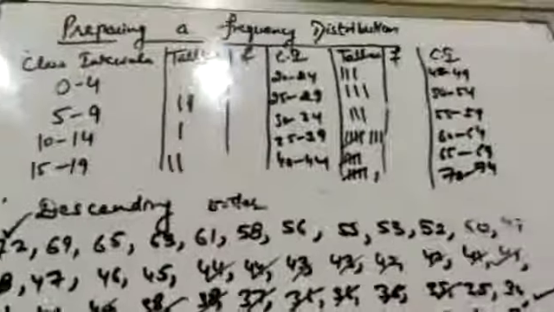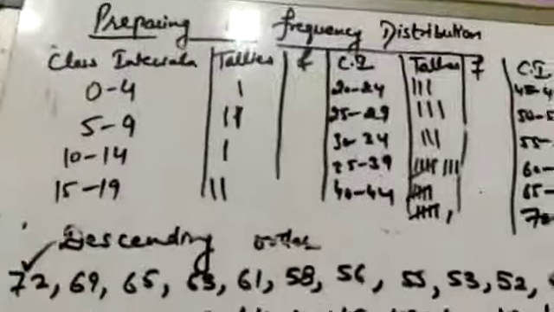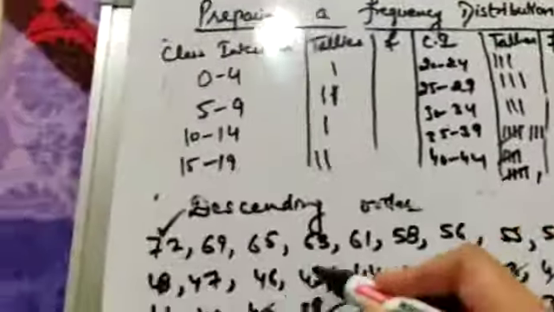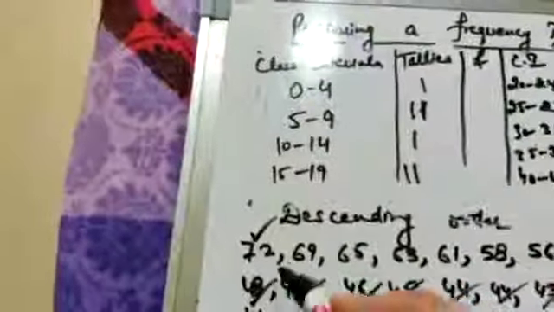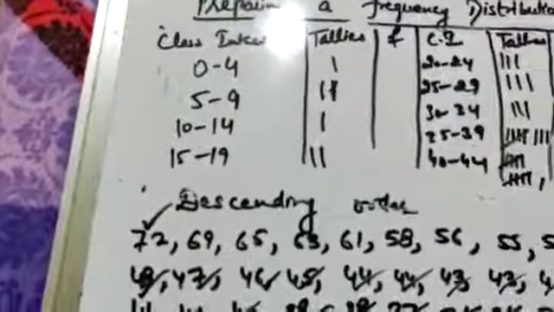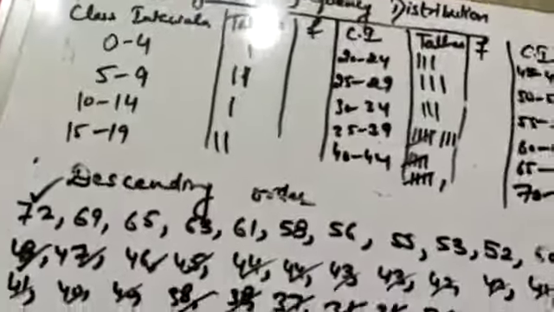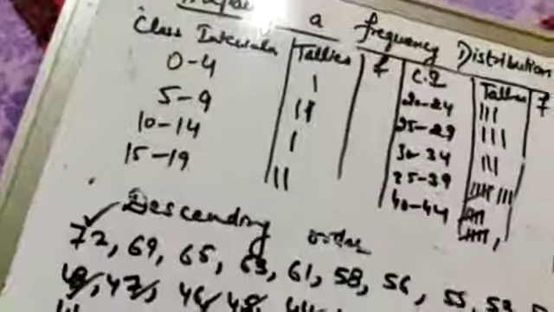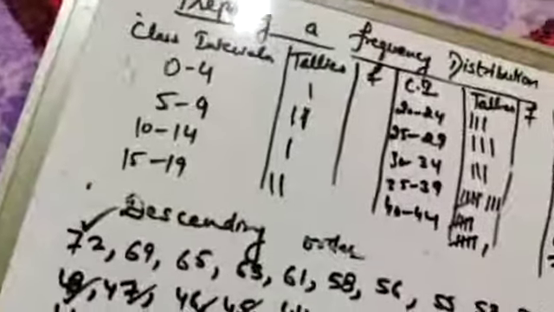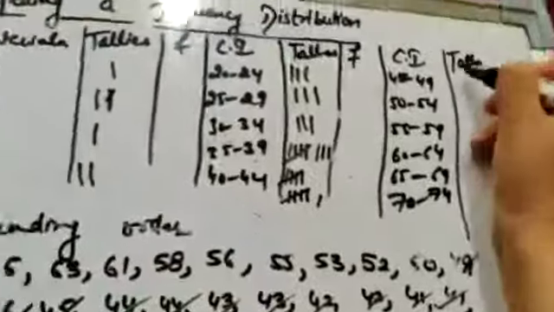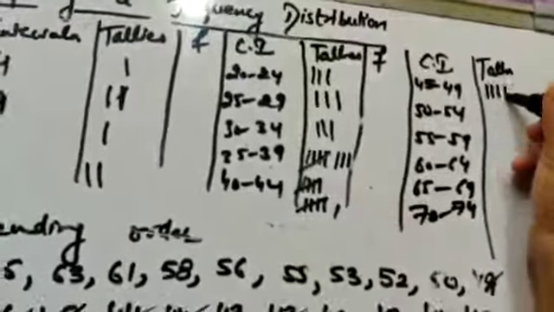Let's calculate how many tallies come here. 1, 2, 3, 4, 5. We have 5.